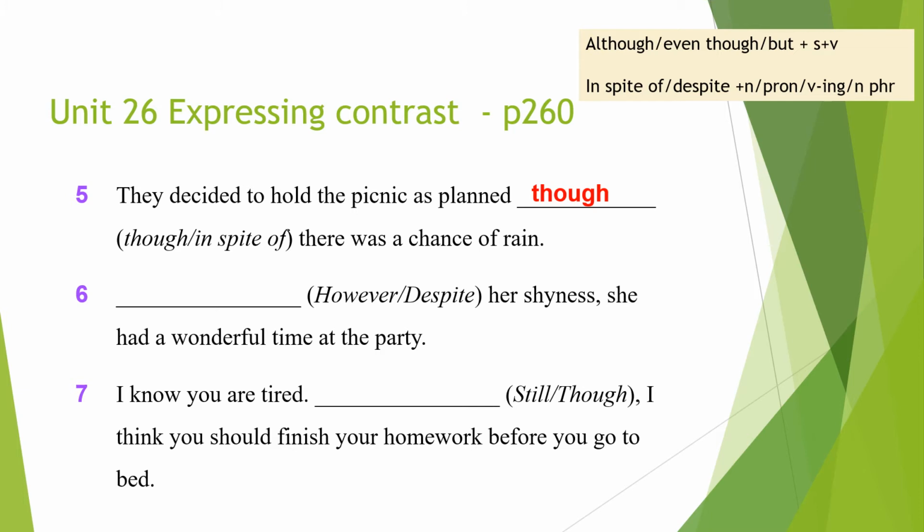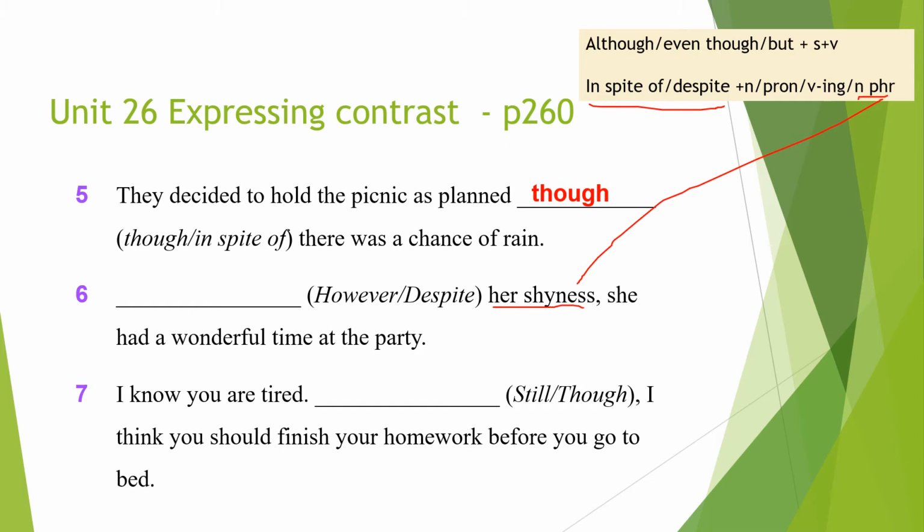Number 6, however, despite her shyness. Her shyness is a noun phrase. So you know the answer must be from these two, in spite of or despite. The answer is actually quite clear here, right?